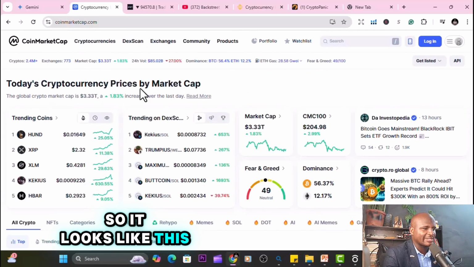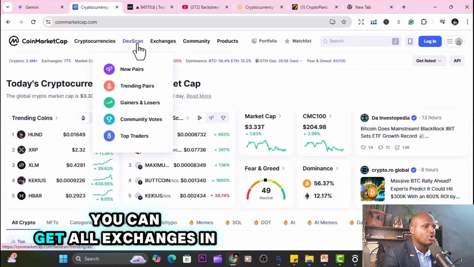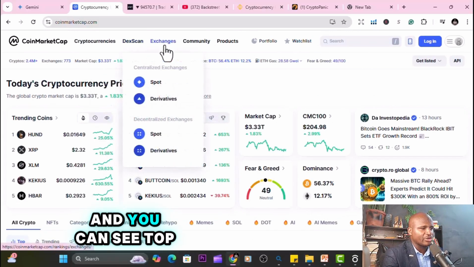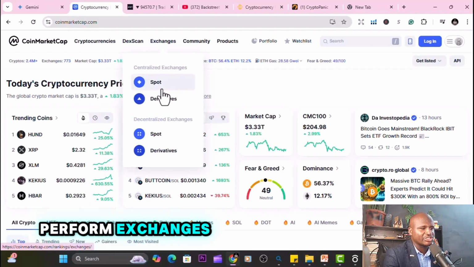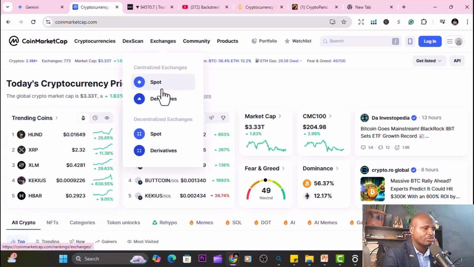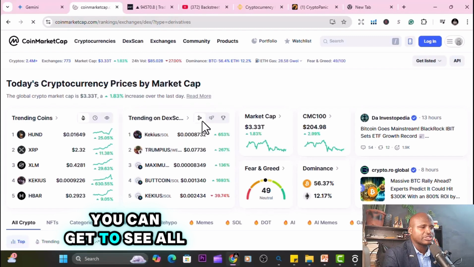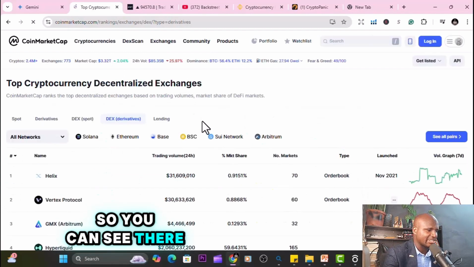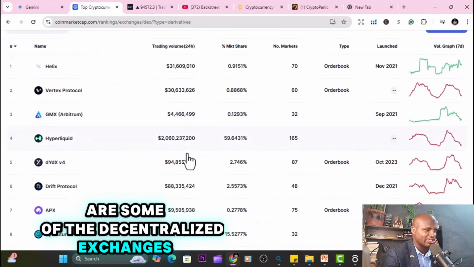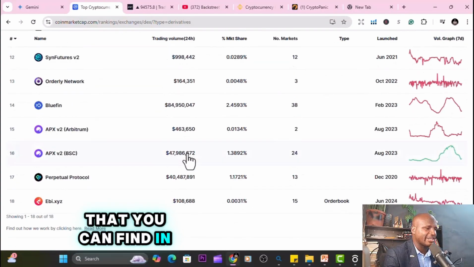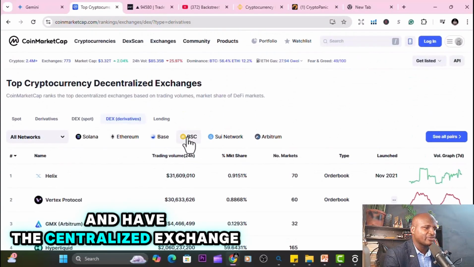And here you can get all the exchanges in the world. And you can see top performing exchanges, whether spot or derivatives, centralized exchanges, decentralized exchanges. You can get to see all of them. So you can see there are some of the decentralized exchanges that you can find in the market. And we have the centralized exchanges.